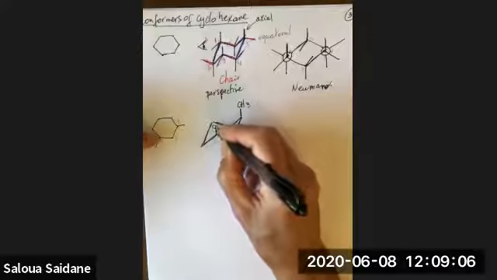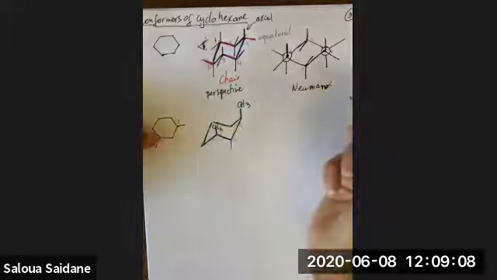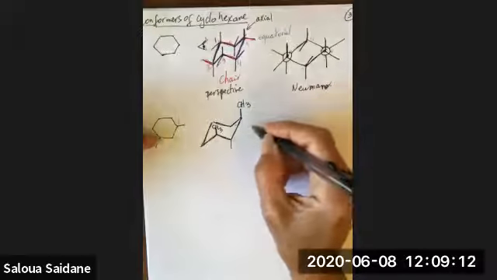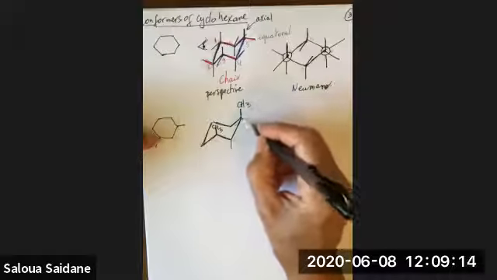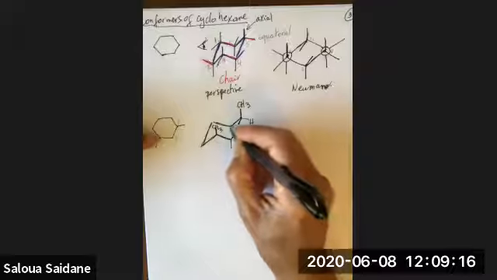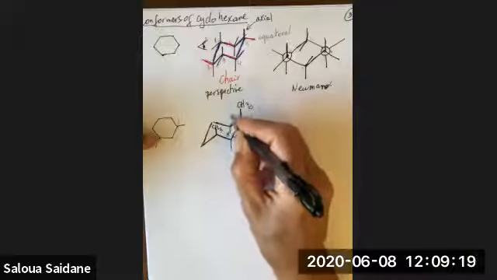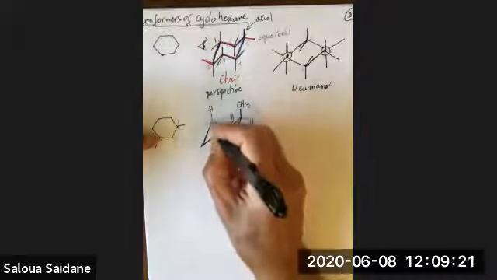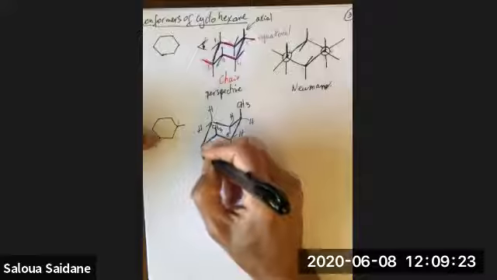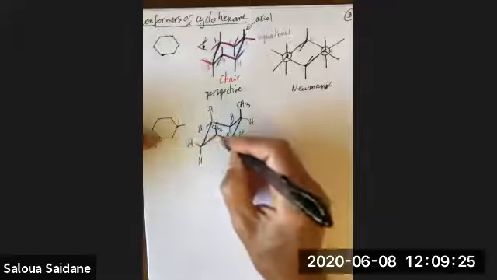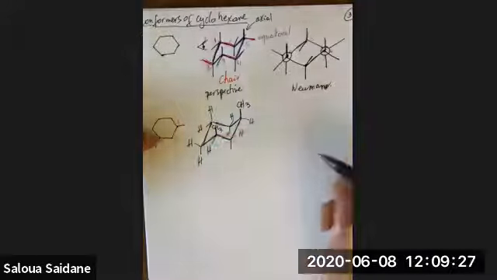I can put both of them upward. And then the rest is just hydrogens. So I'm going to have H's, H, H, H, H, H, H and H, and here we have an H.